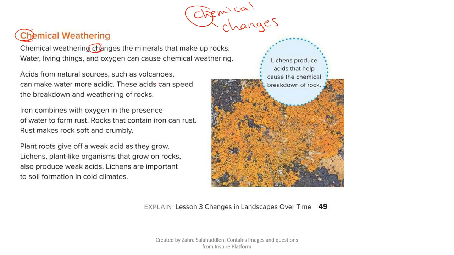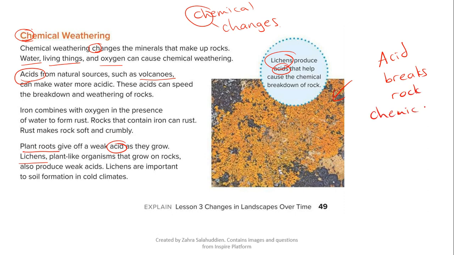Okay, so the rock can break because of a few things: water, living things, and oxygen. Acid is one of the main things that cause rocks to break down. These acids can come from things like volcanoes or from plant roots or lichens. This picture shows us an example of a lichen that makes acids. So acid breaks rock. And it breaks it by chemical weathering. It changes the rock. Changes.